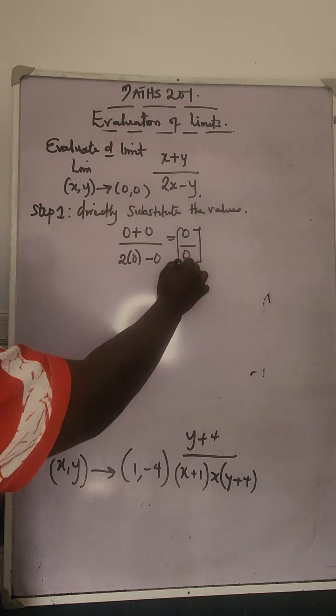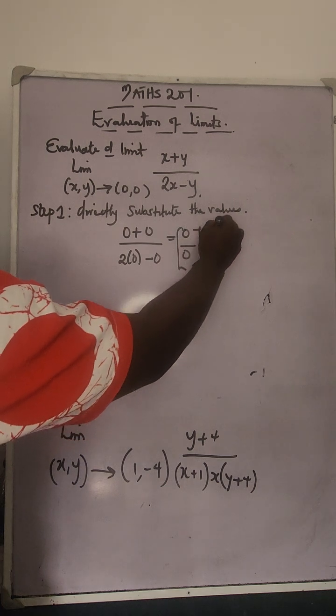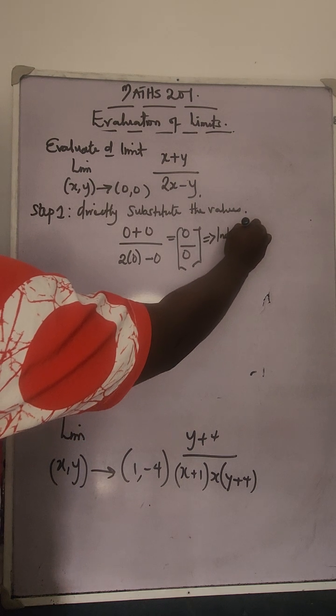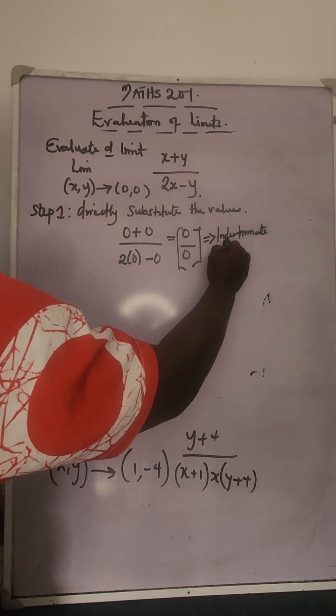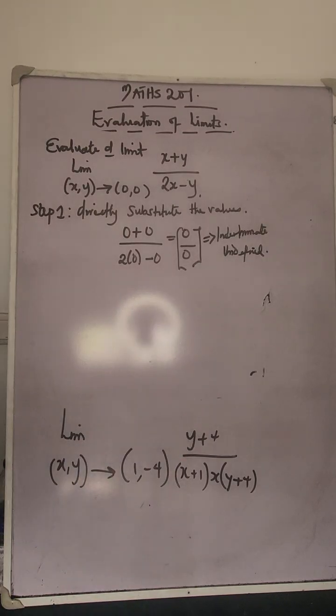Like I said earlier, this is maths error. In fact, we call this indeterminate, or we call it undefined. So this is an error in mathematics when you have 0 over 0. And so we have to try another method.